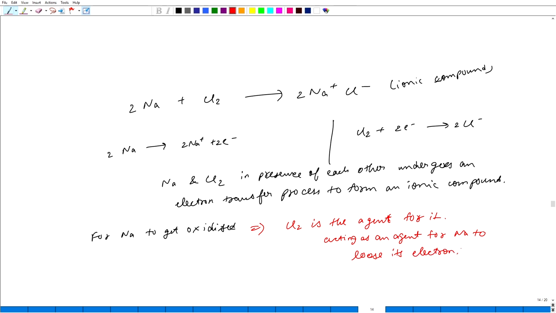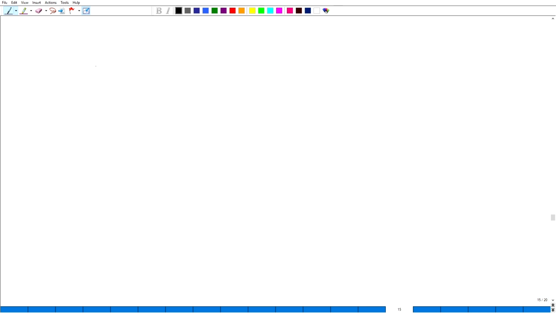Okay. And what is sodium doing? Sodium is getting oxidized. So, we are saying that sodium is getting oxidized, and then what will Cl2 be called? Cl2 will be called the oxidizing agent. So, there are two new terminologies we are going to discuss. One is this sodium getting oxidized.